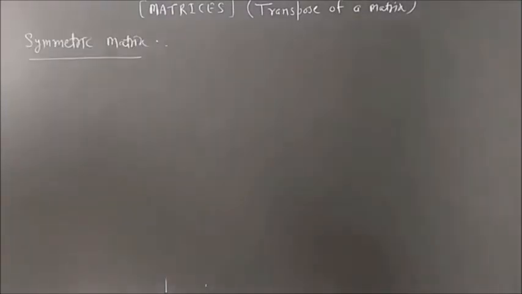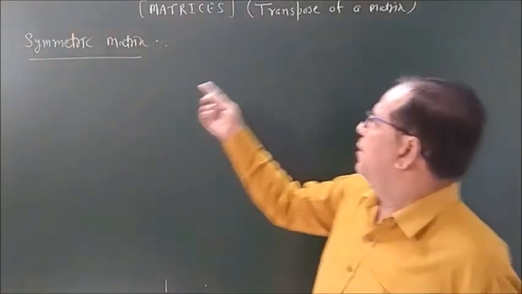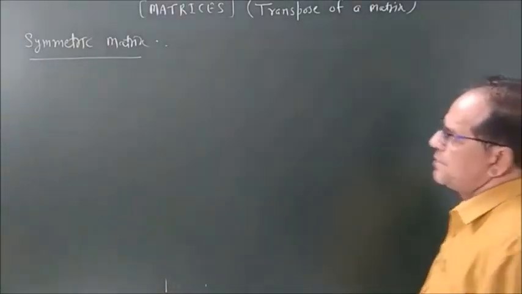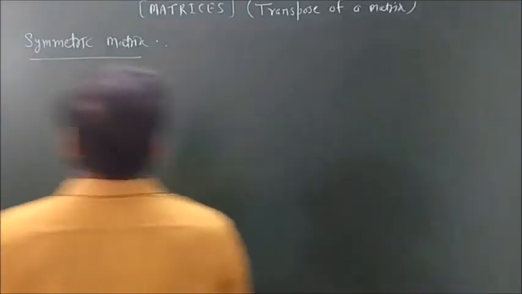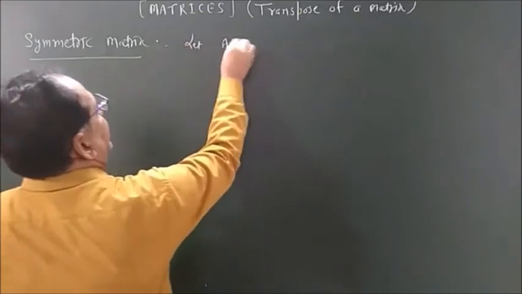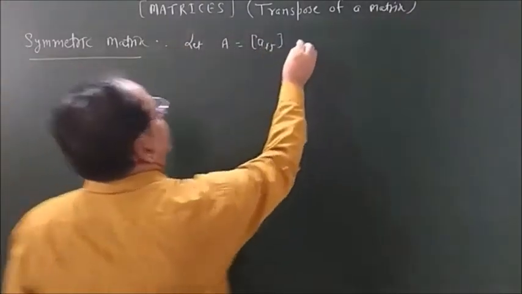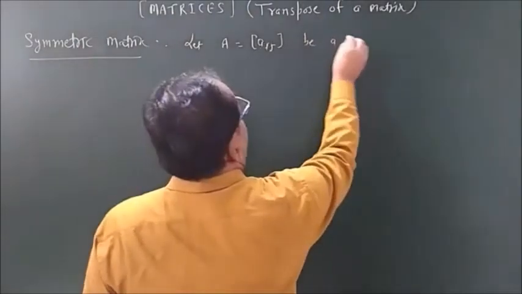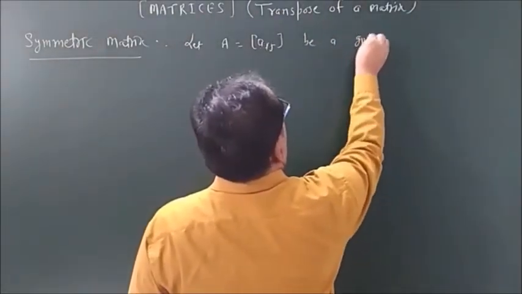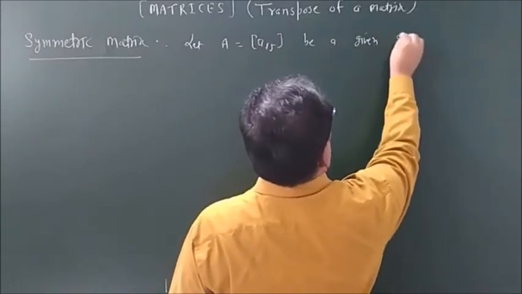Now, the new topic based on transpose of a matrix is symmetric matrix. So what is a symmetric matrix? Let A equal to [Aij] be a given square matrix.